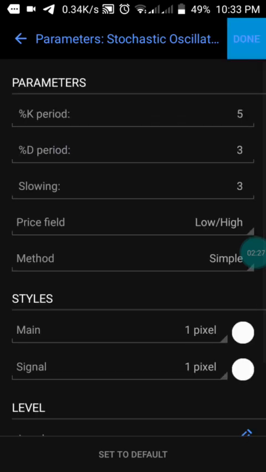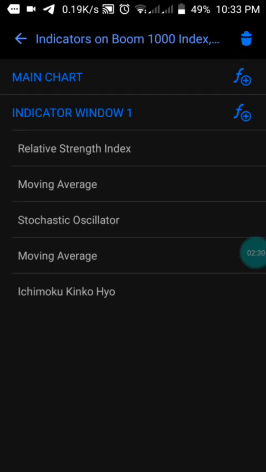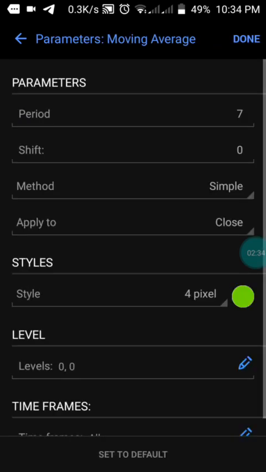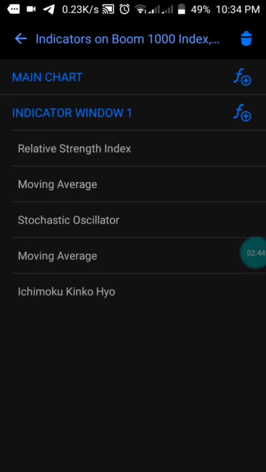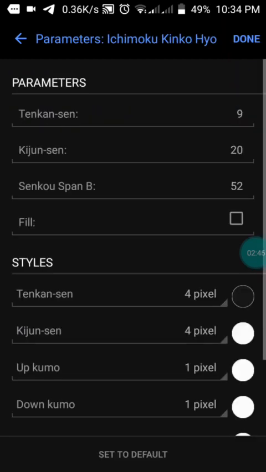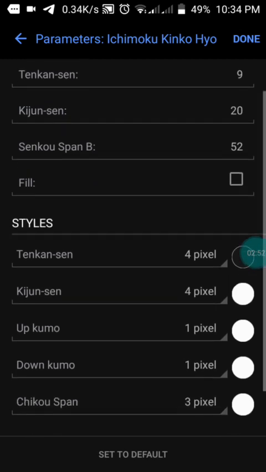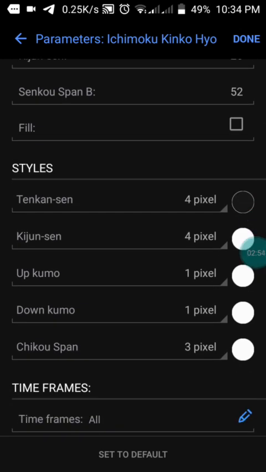Press OK, and we have the next one, which is the moving average. I have a period of 7, shift of 0, method simple, apply to close, and the style color green. Press OK. Then we have the last one, which is the Ichimoku, with settings 9, 26, 52. Only the first style is in black color, and the rest are in white.